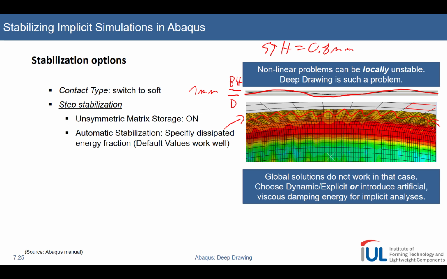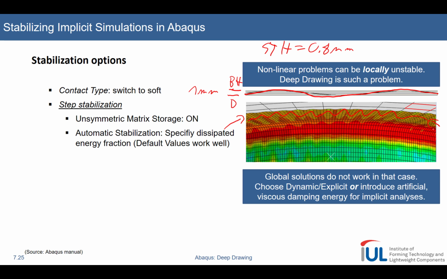Remember, explicit simulations, especially dynamic explicit simulation, it's not about convergence. They don't have convergence issues. They will run and run and run and provide new and new results. It's about stability and physical accuracy. I hope you remember this from our last video. The alternative approaches, and I'm highly recommending going for implicit simulation whenever you can, because you can trust them usually more than the dynamic explicit ones, and they're much faster.